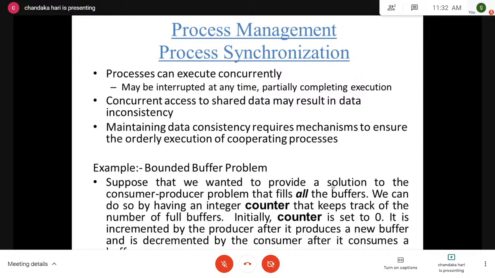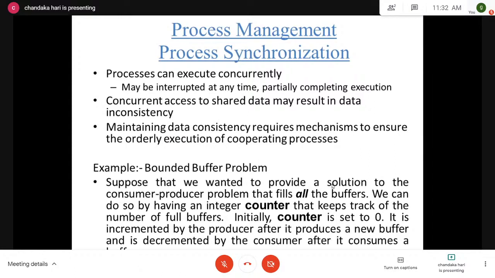Process synchronization is a set of tools or mechanisms which try to see that the data does not enter an inconsistent state, and that there is an orderly execution of cooperating processes. That's it.